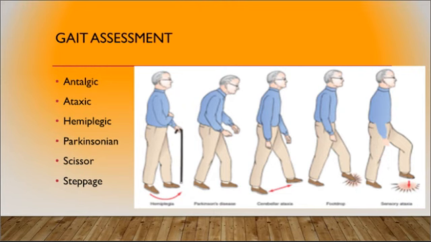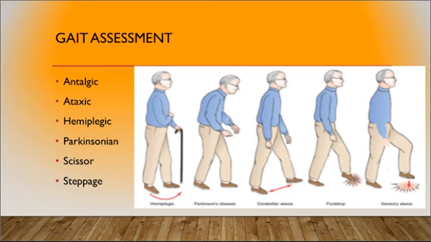There's multiple different gaits. I don't expect you to remember all of them. I picked out ones I feel are most significant, that cover your antalgic gait. I don't have a picture of that one here, but that's that person that does that to avoid pain, often like if a knee or a hip, where they're pulling off of that joint because of the pain.